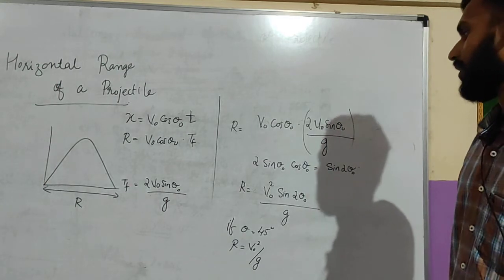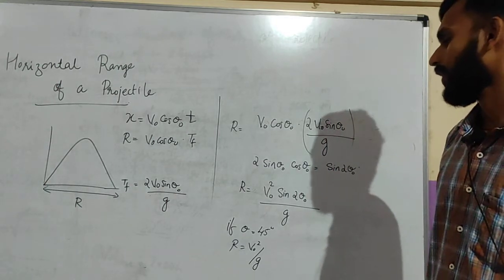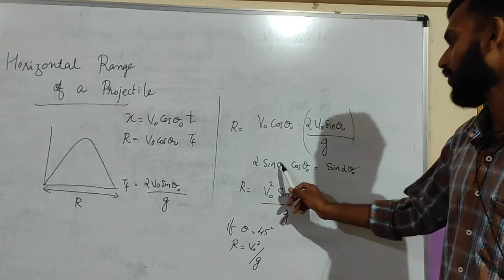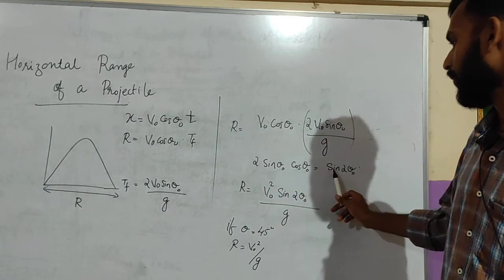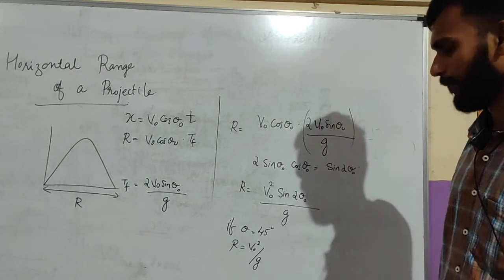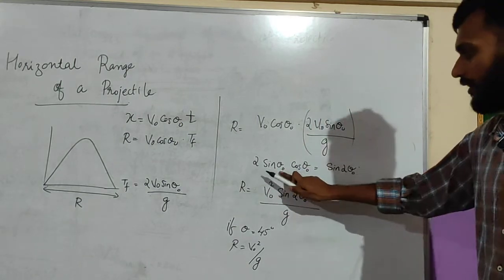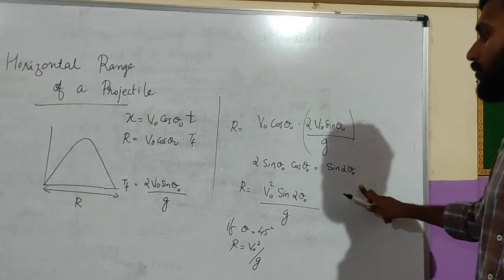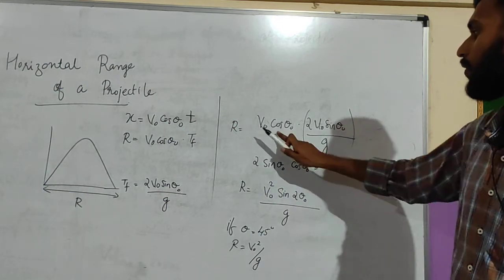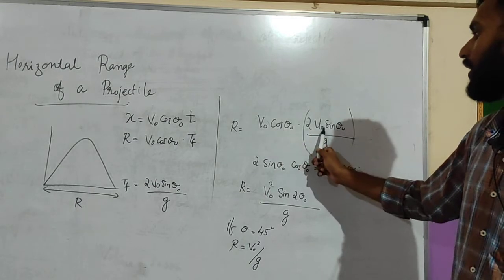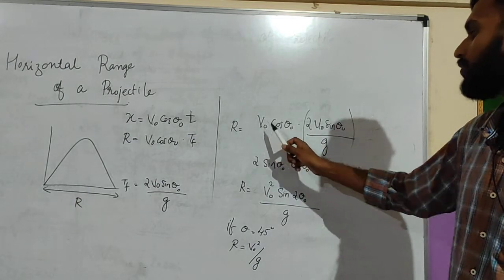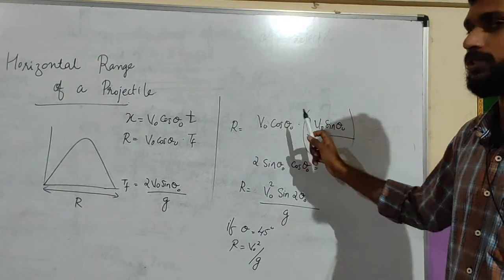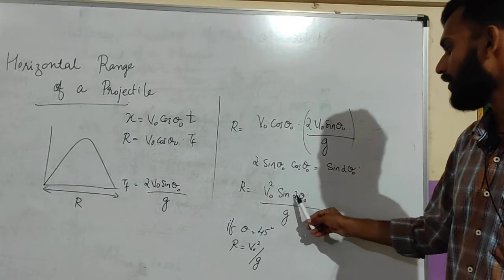Now listen, one of the trigonometric identities: 2 sin theta 0 cos theta 0 is equal to sin 2 theta 0. Remember this one, 2 sin theta cos theta is sin 2 theta. You have to use that here. Taking V0 combined, that is V0 square, and 2 sin theta 0 cos theta 0 will be sin 2 theta 0.